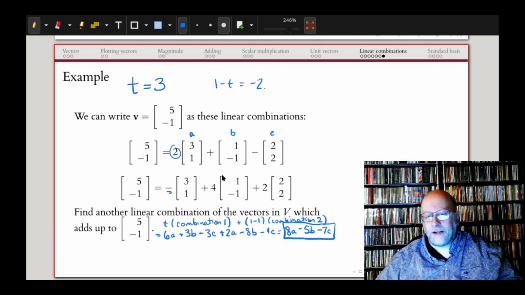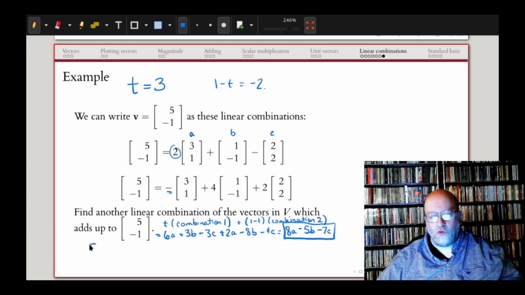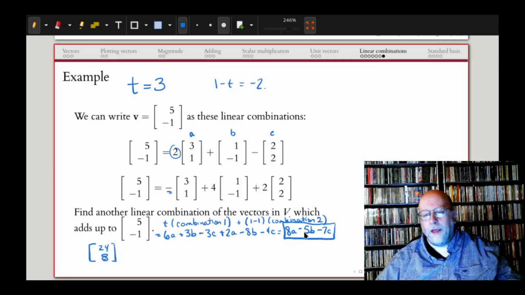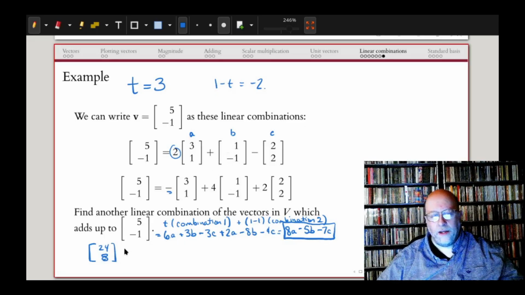That's 8 times 3, 1. That's 24, 8. Negative 5 times 1, 1 is negative 5, positive 5. And negative 7 times 2, 2 is negative 14 and negative 14.